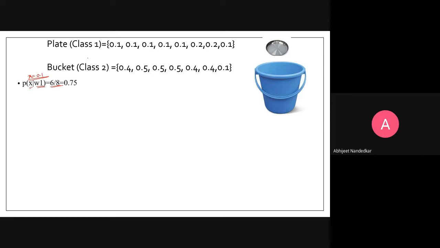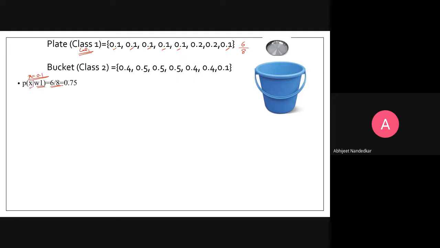How many times in omega 1, which is my class of plates, does 0.1 appear? You just count 1, 2, 3, 4, 5 and 6. So 0.1 appears 6 times out of 8, and 6 by 8 is called the likelihood of plate.